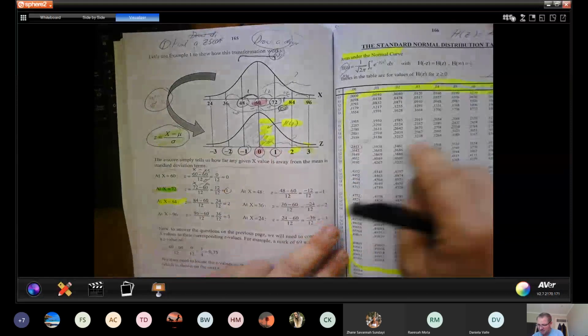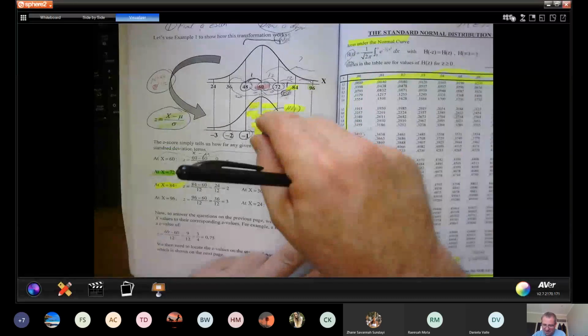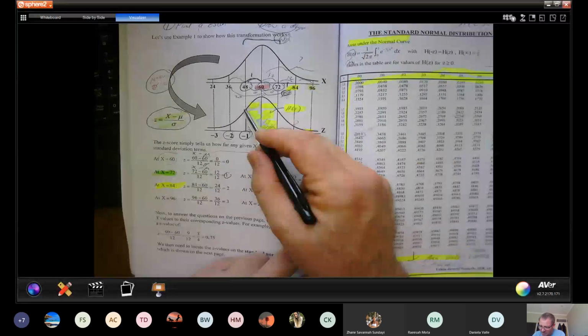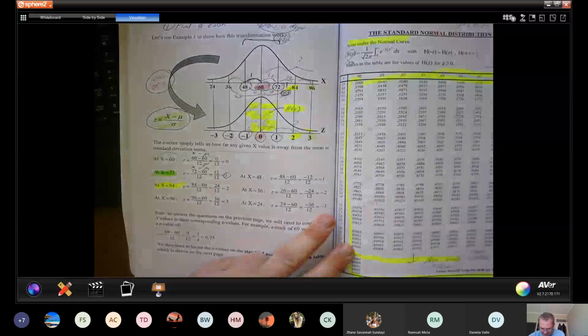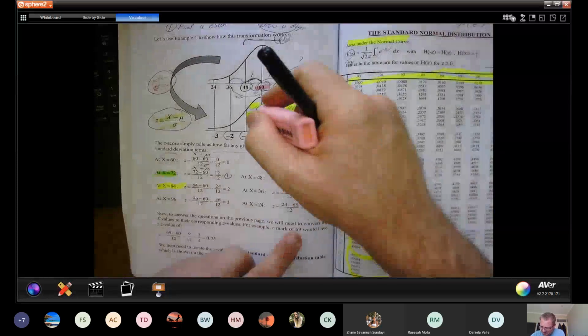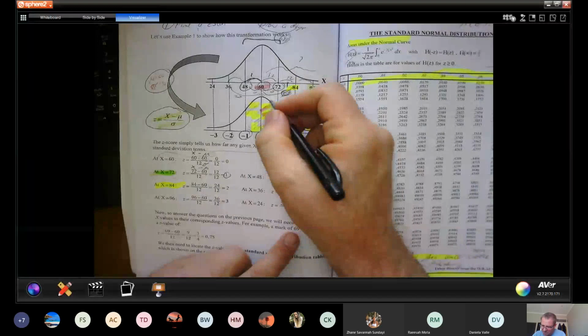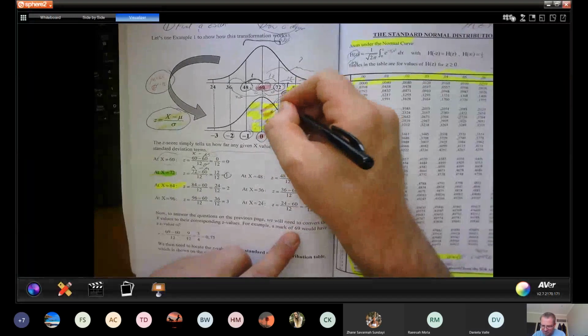We predicted that this whole area should be 68%, in other words, 0,68. So Daniela, if the whole area is 0,68, what do I expect just this half, that pink bit, to be? 0,34. Good. I expect that to be 0,34.